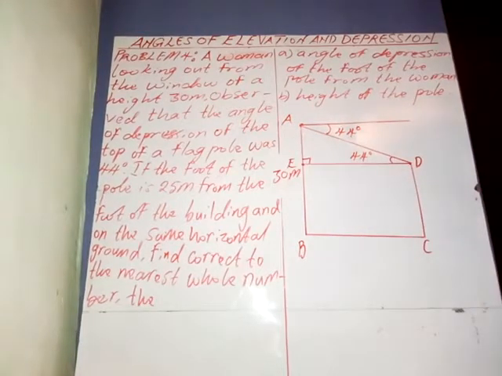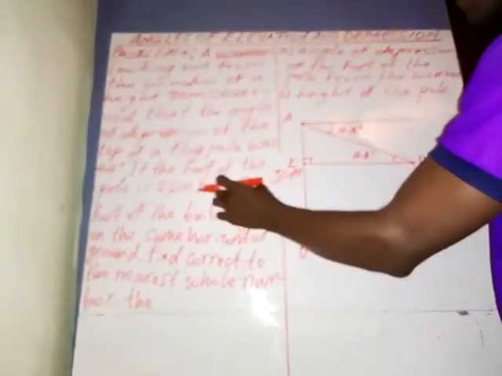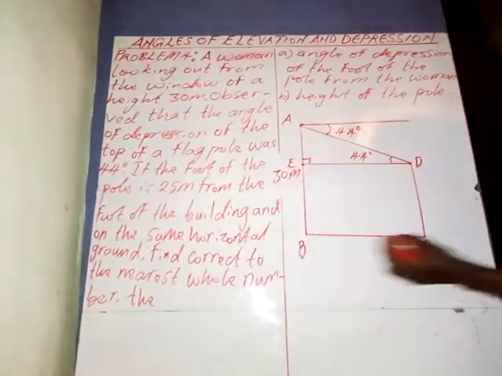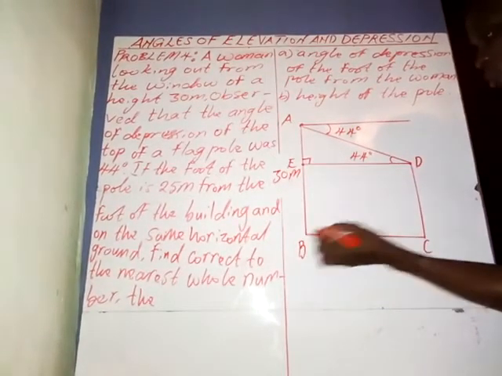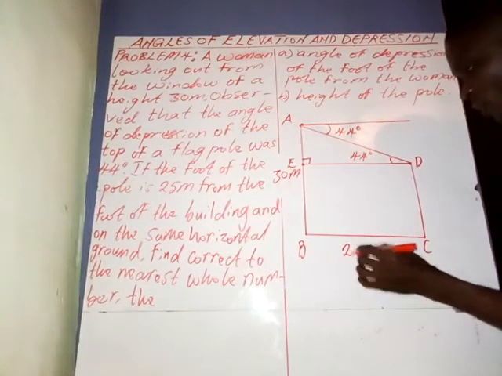Alright, then we are told in the question that the foot of the pole is 25 meters from the foot of the building. So the distance from here to here is 25 meters, and we put it here.